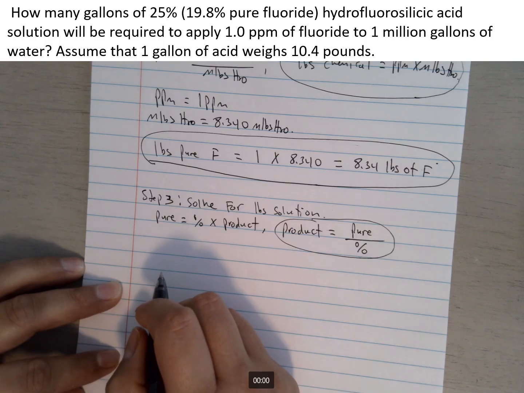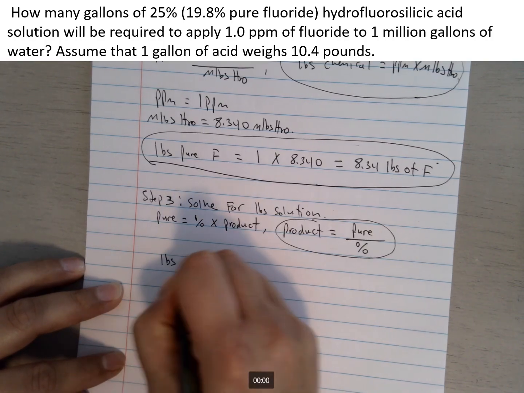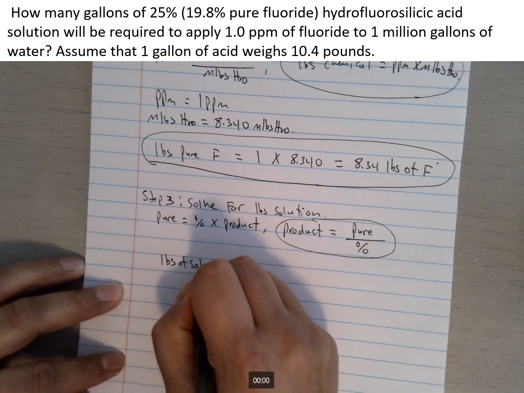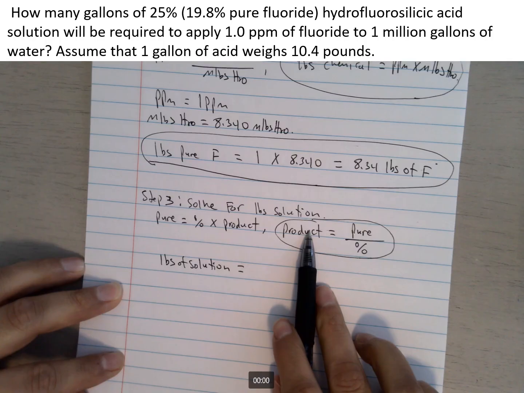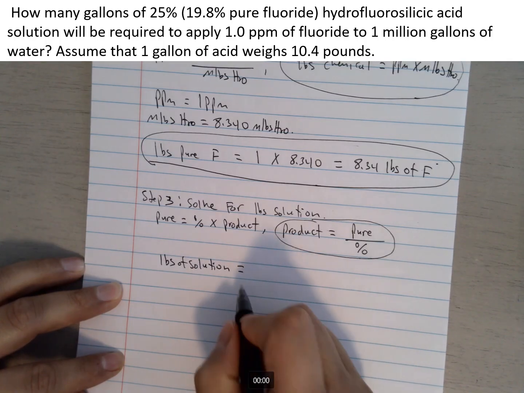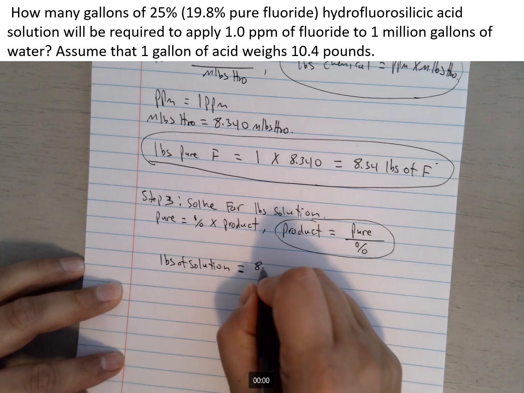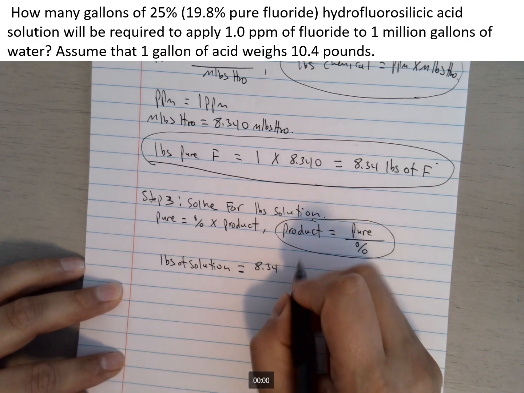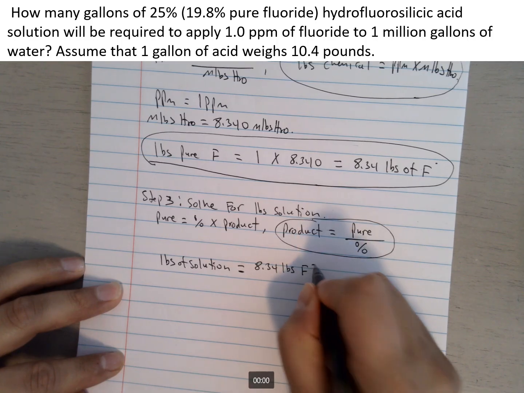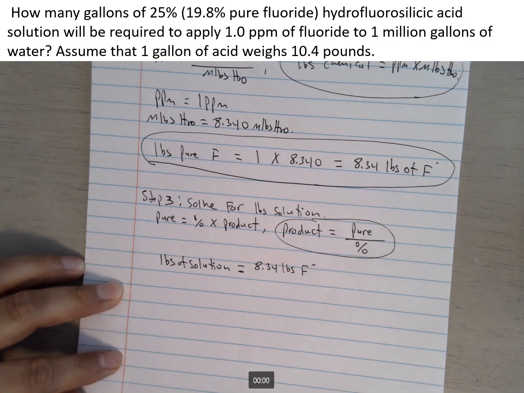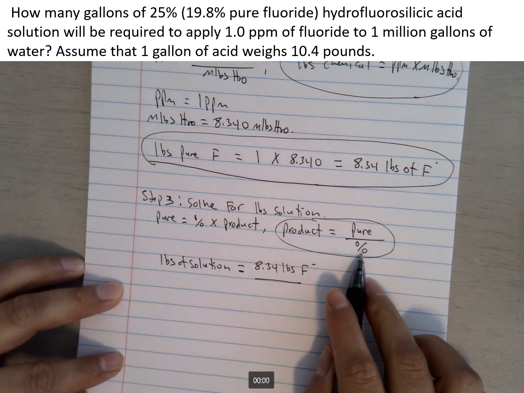Pounds of solution, which is what we want, that's our product. That's equal to our pure that we just calculated in the step before, 8.34 pounds of pure fluoride ion, divided by the percentage.